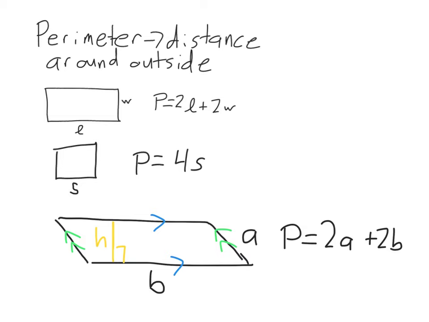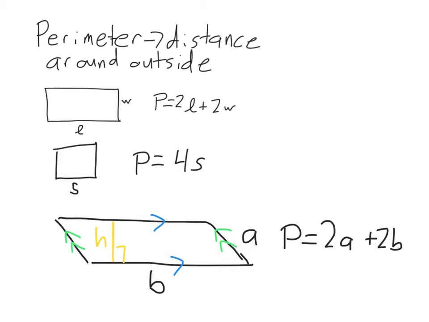That's very similar to your rectangle formula, right? Because did you know a rectangle is a parallelogram? Yes. Because to be a parallelogram, what has to happen? Opposite sides have to be parallel. Well, that's true for a rectangle. Okay?